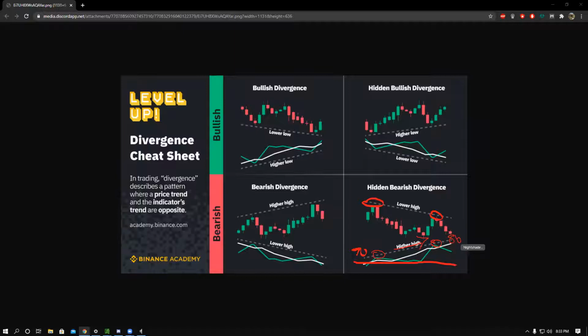But you're getting an overbought signal when your price is even lower. So that just shows the price is ready to start getting pushed all the way down, because the higher you get in your RSI or any indicator, the stronger the reversal is going to be. So if you're already recording higher indicator values, and your price is getting lower, you can expect to be in a downtrend very quickly.